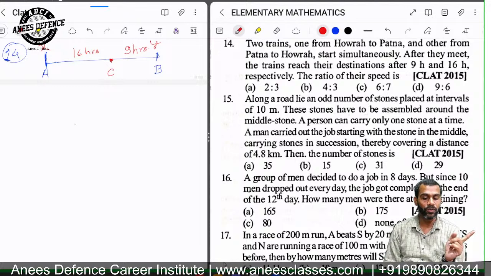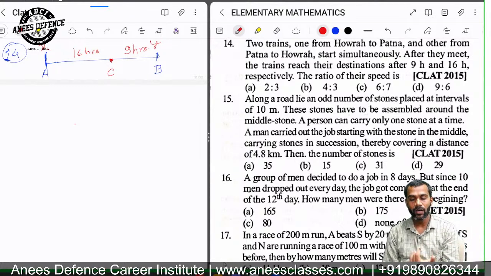Because Y is going from B to A and X is going from A to B. So X requires how many hours? 9 more hours. And Y requires 16 more hours. Yes or no? So which train required more hours? I mean more time. Y. Yes or no? Yes. Understood. Yes or no?